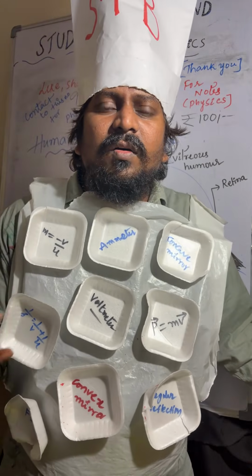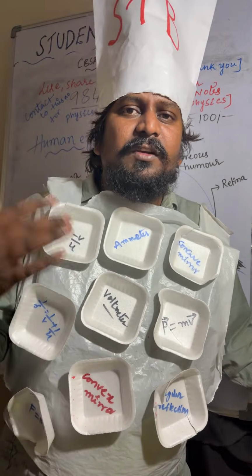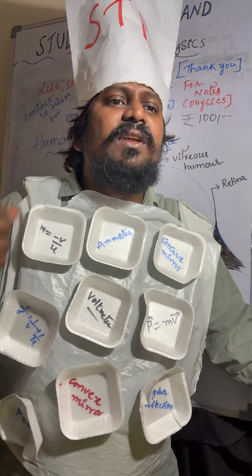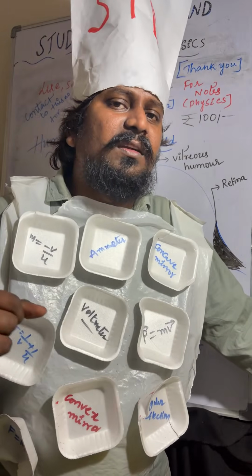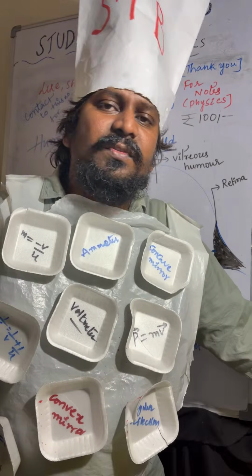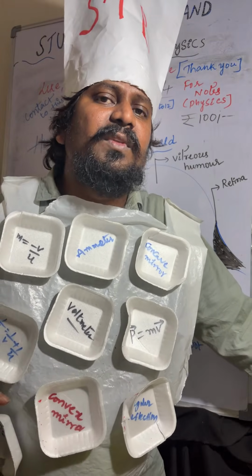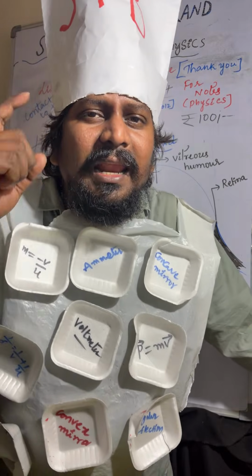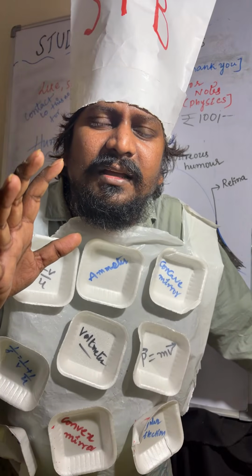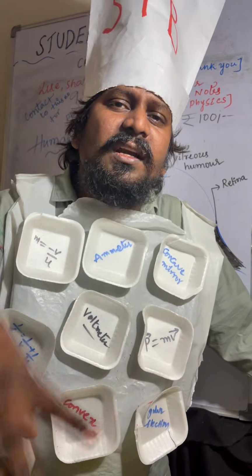Sir, how is it possible if it is forming a 2D image? How can we see 3D objects? A glass is filled with water, a water bottle is filled 3/4 with water. How can we say that? When light rays meet at retina, a real and inverted 2D image will form.